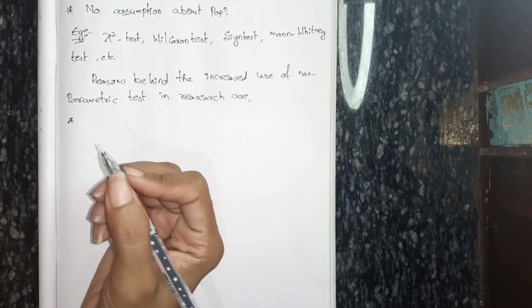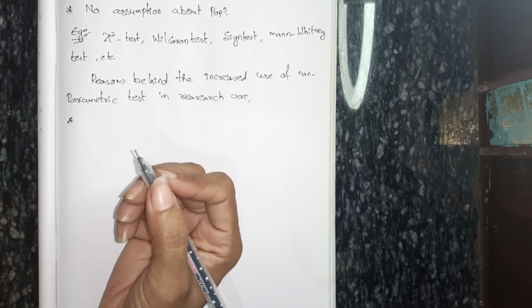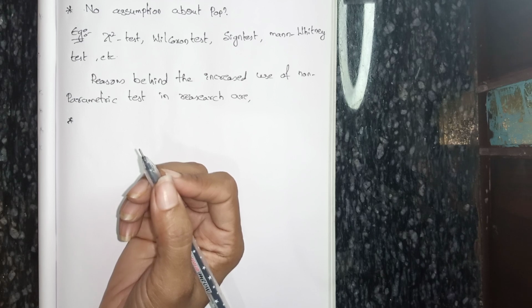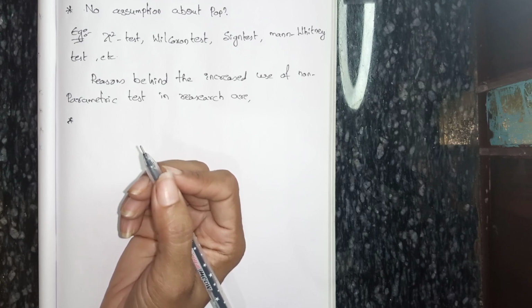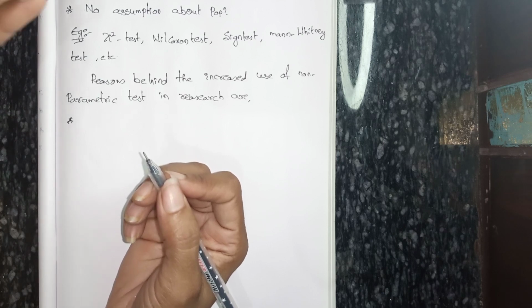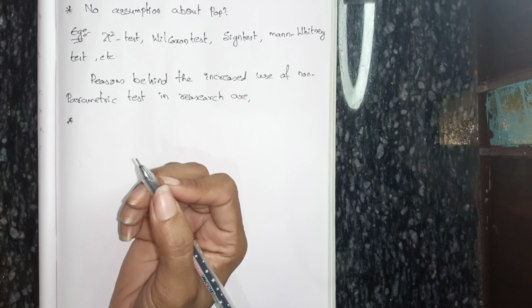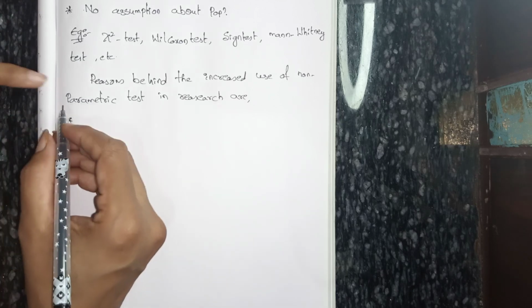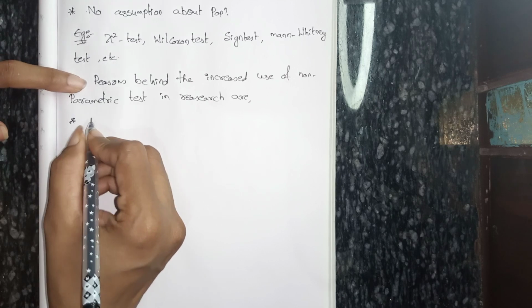Why? Because they don't follow any assumptions, so it is very easy to calculate. It is very easy to understand and easily handled. Why? Because it does not follow any specific distribution and we don't have any idea about the population. So that's why it is very easy.